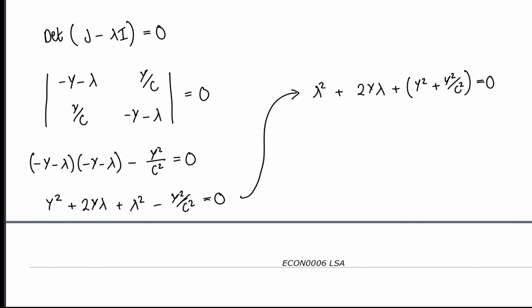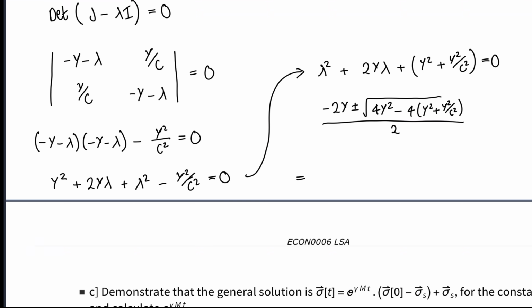If we now use the quadratic formula and work out the two eigenvalues, we have minus 2 gamma plus or minus the square root of 4 gamma squared minus 4 brackets gamma squared minus gamma squared over c squared, all over 2. So we can write this as minus 2 gamma plus or minus the square root of 4 gamma squared, and 4 gamma squared minus 4 gamma squared cancel out.